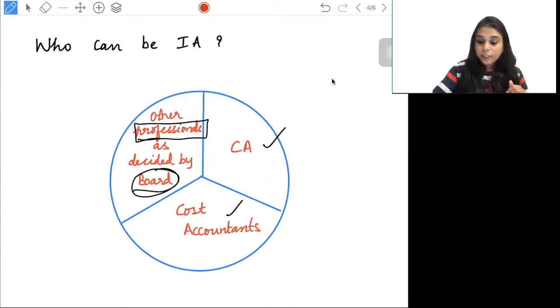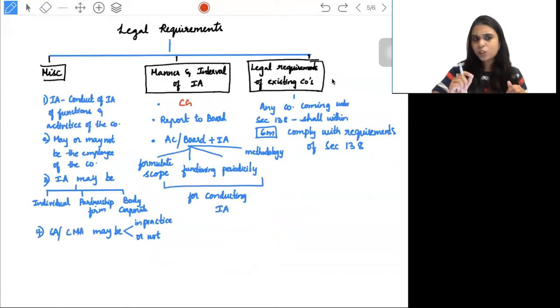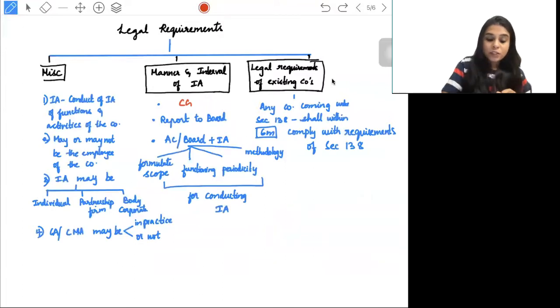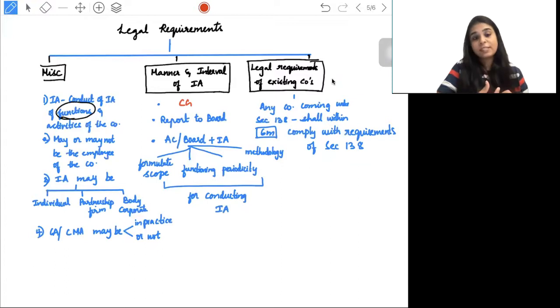Okay, so moving ahead, as I just told you, we have discussed the functions of internal auditors, right? So the internal auditors will carry out all the functions that we have just seen, and whether all the activities of the company are being properly carried on or not will be checked by these internal auditors. Again, these internal auditors may or may not be the employees of the company.